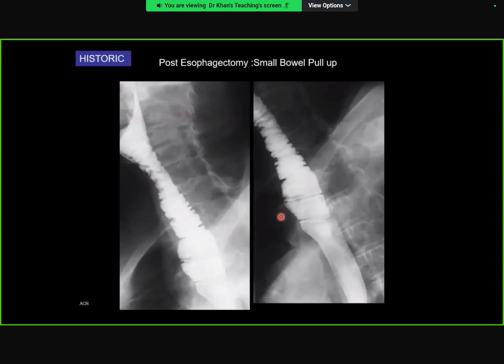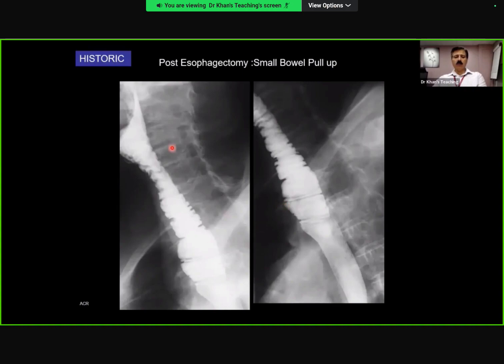Historically, now I'm going into a slightly different world. This is esophageal carcinoma. And historically, people have even pulled up small intestine. This is a historic film. I don't think anybody does it now, because part of the stomach might still be there.